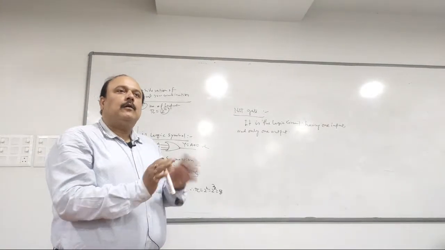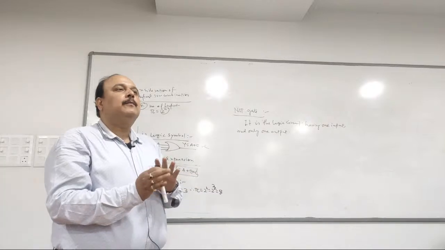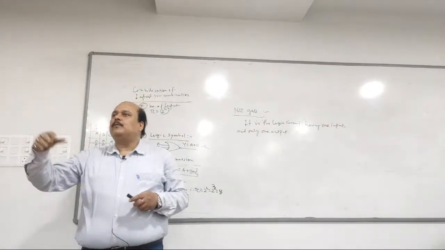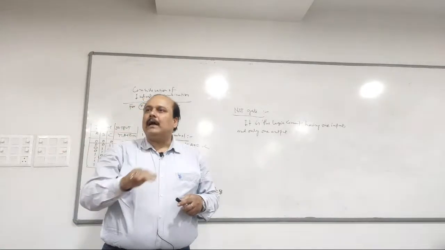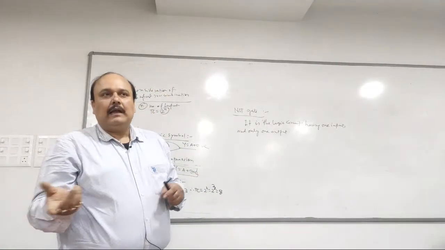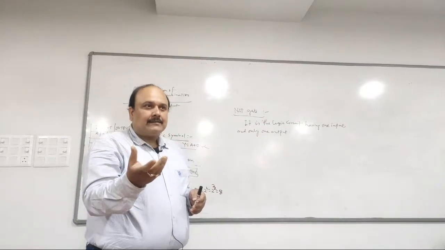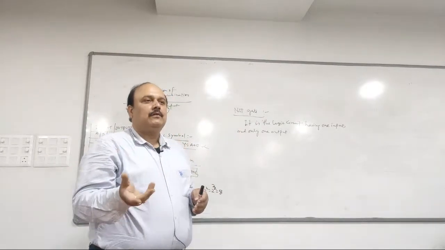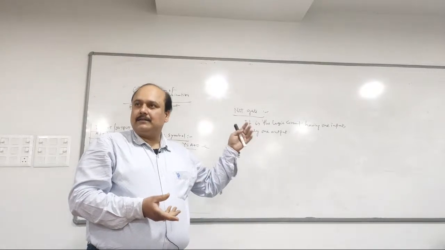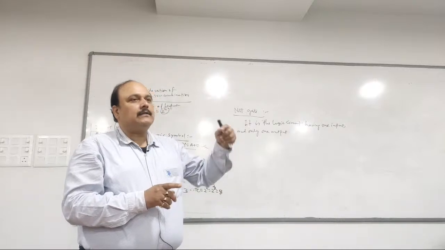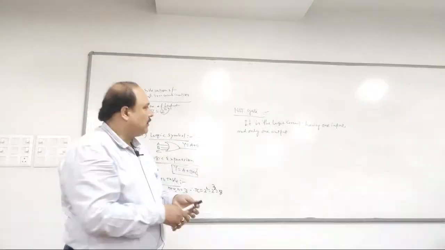Yes, that is the complement. The output is the complement of the input. So if your input is low, the output is high, and if your input is high, the output is low. In this case there is no option to generate the circuit using more than one input. This is the only gate in which we take a single input, and that single input is responsible for the generation of a single output.